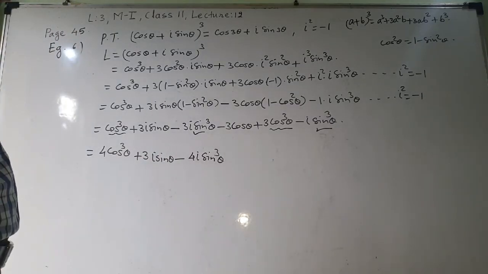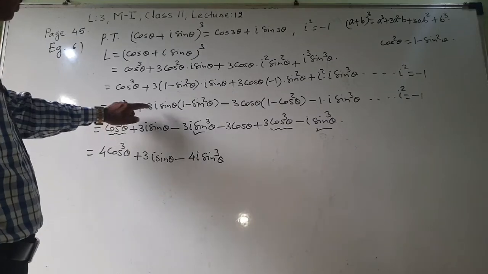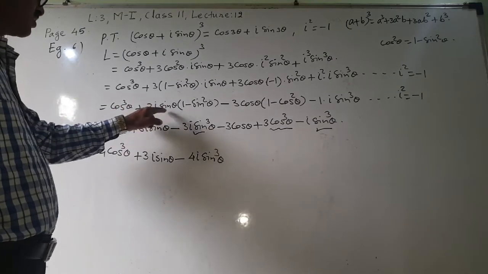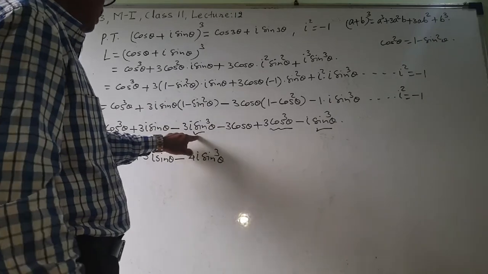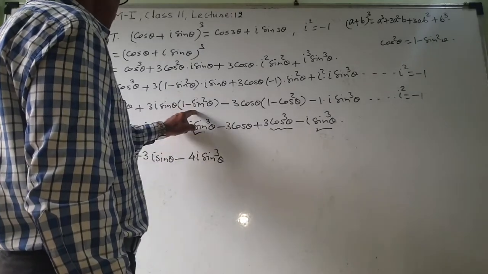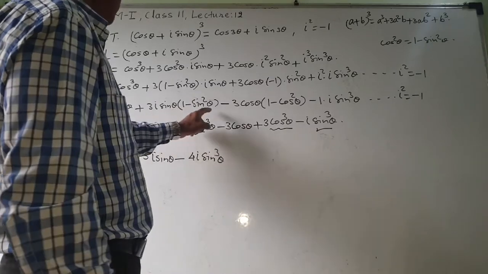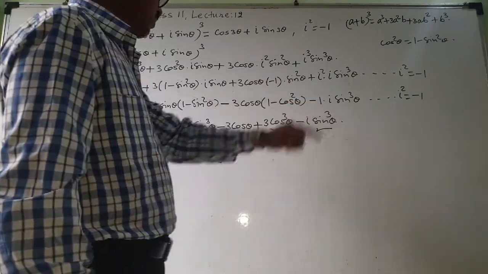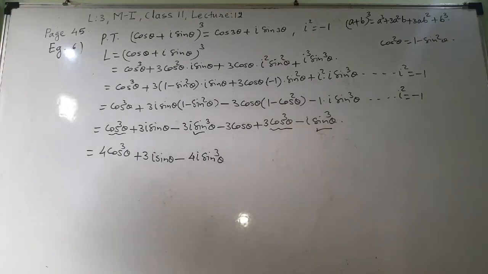Is there anything wrong? Just see the multiplication: this into this is this, this into this is this. What is needed? Cos 3 theta I want.